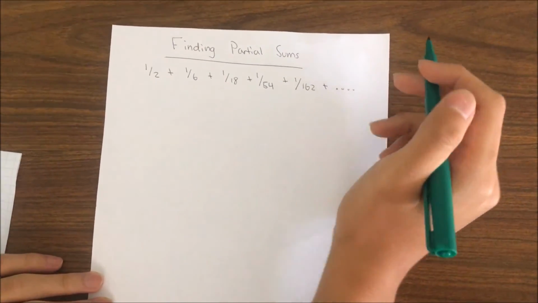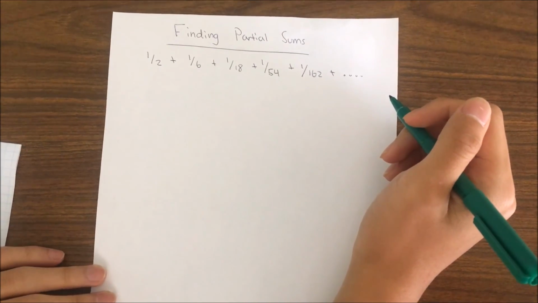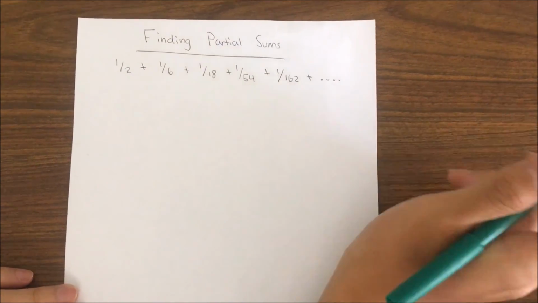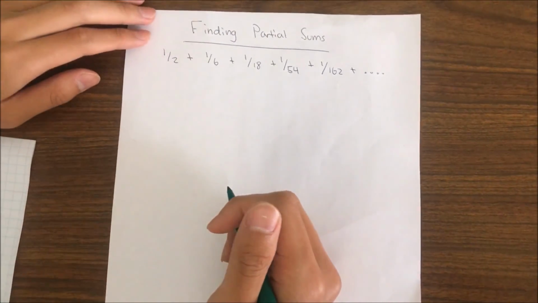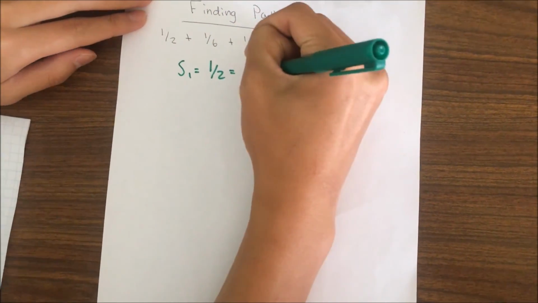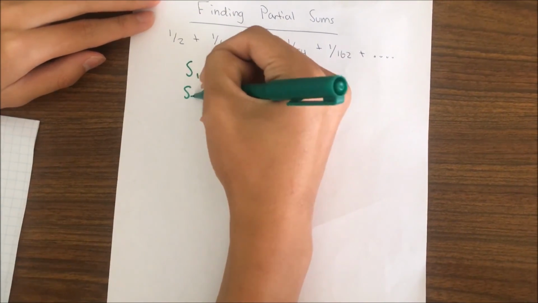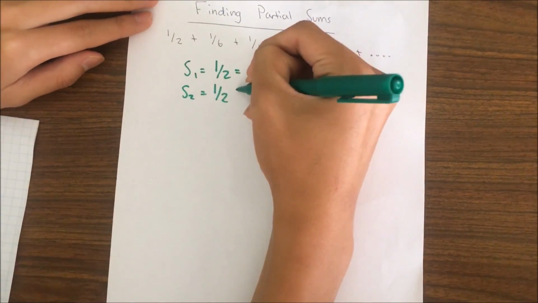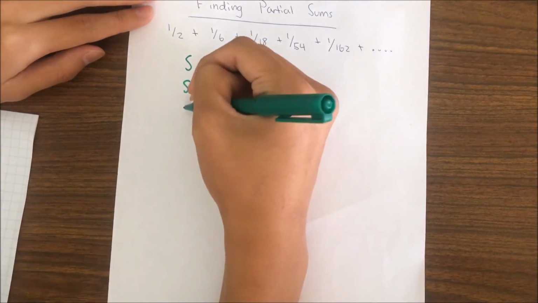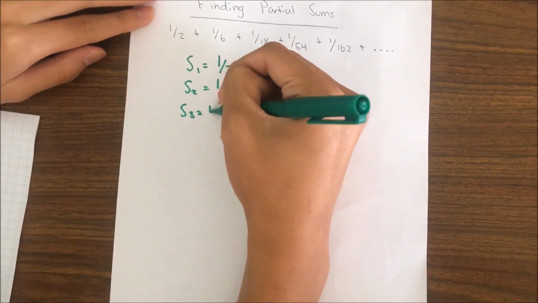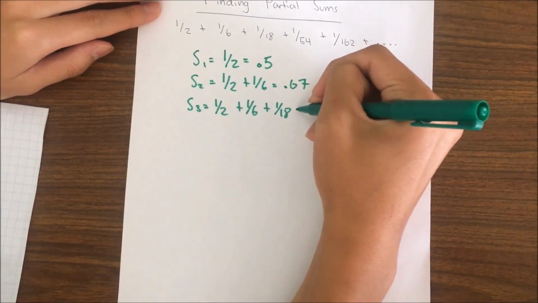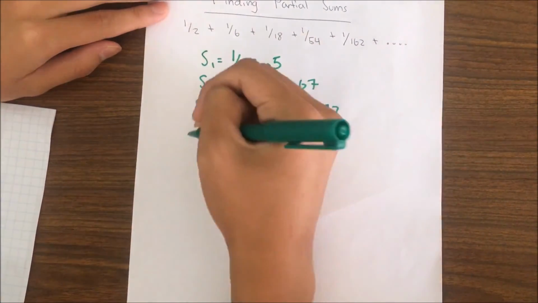Finding partial sums. 1/2 plus 1/6 plus 1 over 18 plus 1 over 54 plus 1 over 162 plus something. So we have to find S1. S1 is 1/2, which is 0.5. S2 is 1/2 plus 1/6, which is 0.67. S3 is 1/2 plus 1/6 plus 1/18, which is 0.72.